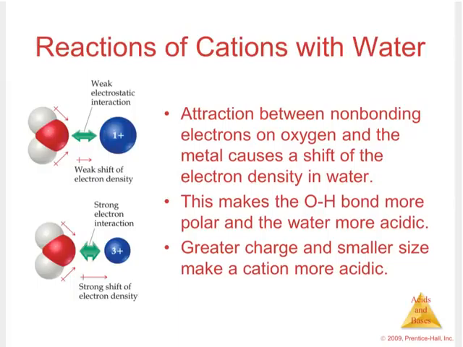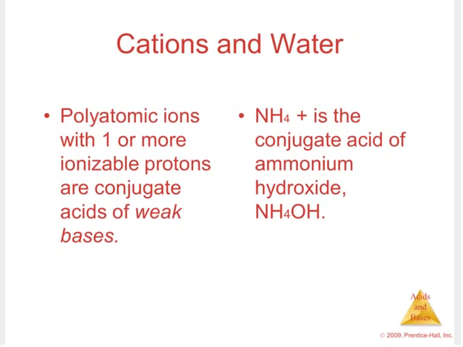The way the cations create an acidic solution is because the positive charge on the cation is going to be attracted to the electron density on the oxygen of the water molecule and pull those electrons in this direction, which basically leaves these hydrogens kind of hanging out here a little bit, which makes the solution a little bit more acidic. And it's important to remember that the cations that are either smaller or have a bigger charge on them are going to be the more acidic ones.